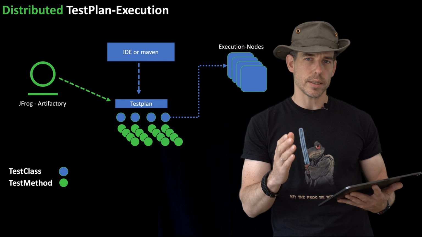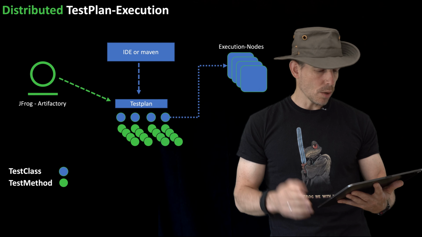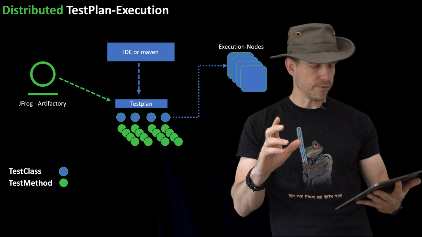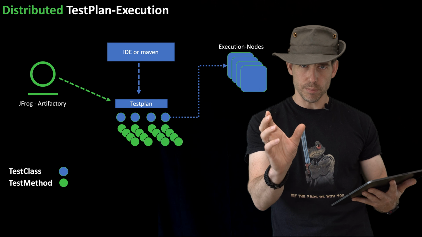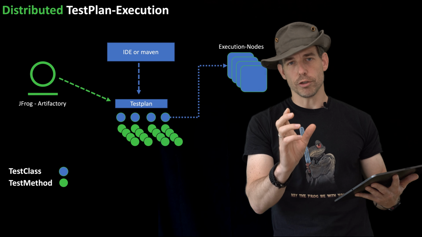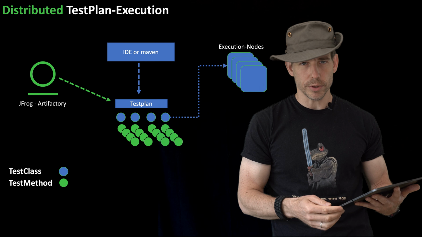Whatever the case is, how to split this up in atomic portions, what you can do is run it from IDE, Maven, CI, environment, whatever. You're creating this test plan, or this test plan is already generated somehow and you want to replay it, so you're grabbing it from the repository.